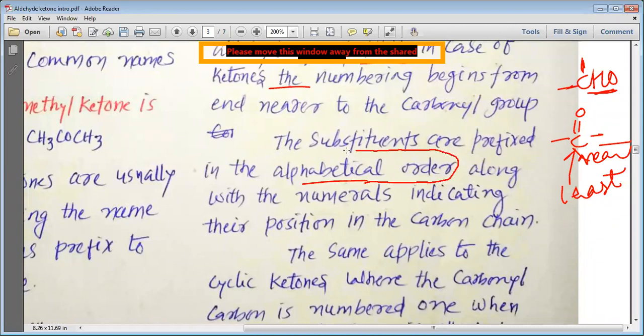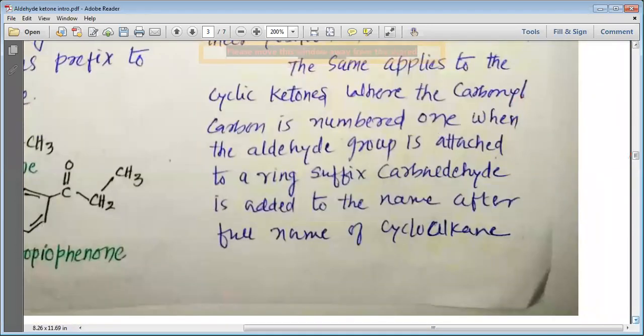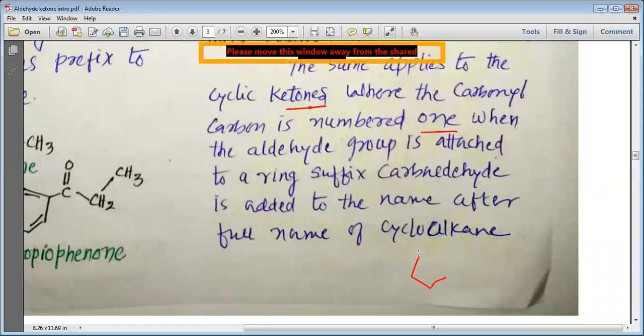Please remember that we follow alphabetical order for substituents along with the numerals indicating their position in the carbon chain. The same applies to cyclic ketones, where the carbonyl carbon is numbered 1. Remember, even if we have cyclic ketones, this carbon which has the double bond should be given number 1.